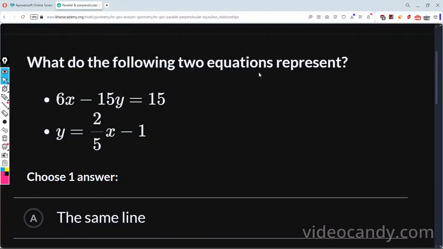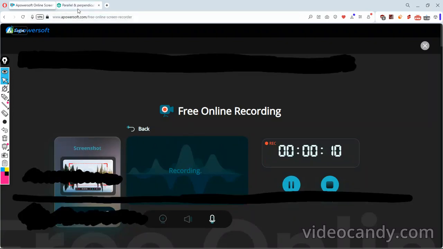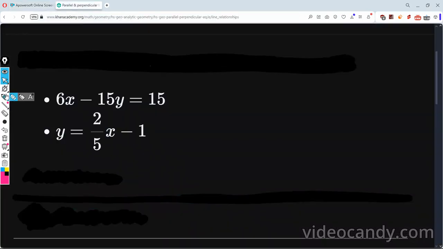What do the following two equations represent? So let's see here. Notice this equation on the bottom right here. This is in y equals mx plus b form. And the one on top is in a different form.